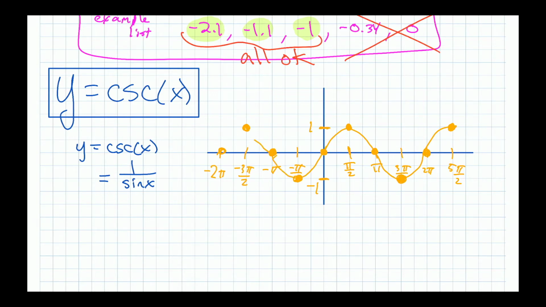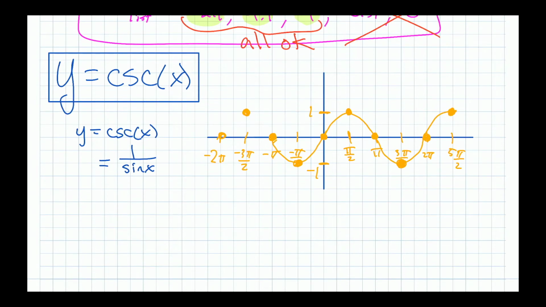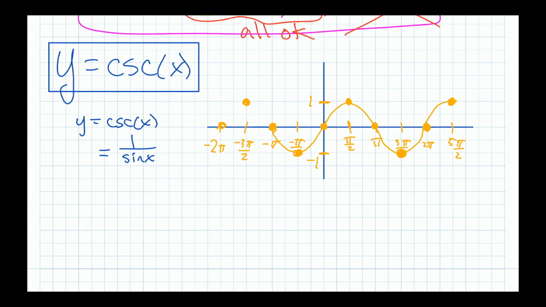Oops. I didn't draw it all in one line, at least this time, so I can actually delete it when I draw something wrong. Okay, so there we go. So that is, again, not what we're looking for. That is sine x. We want the cosecant of x.